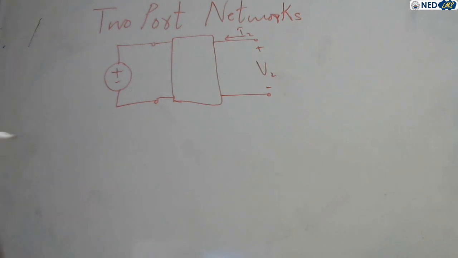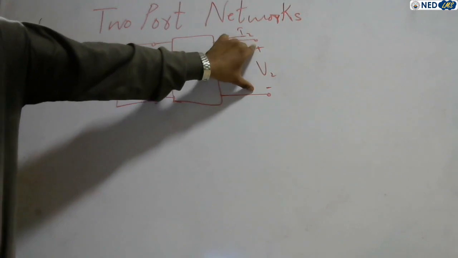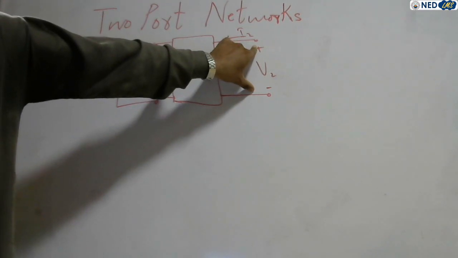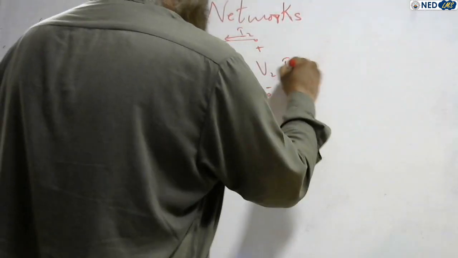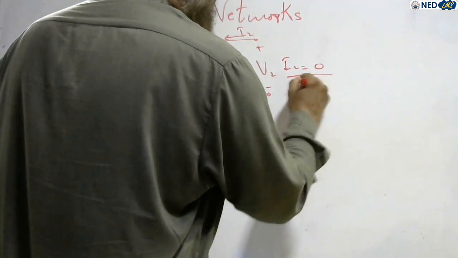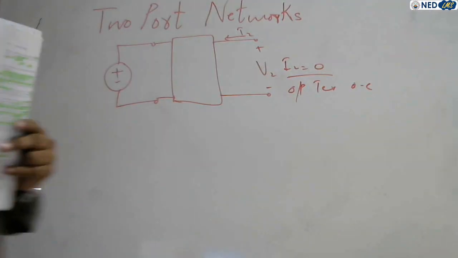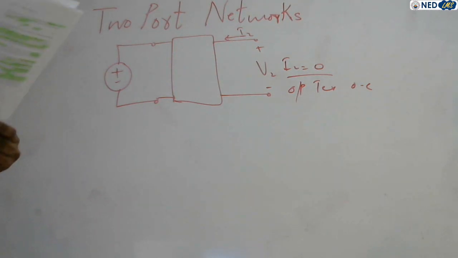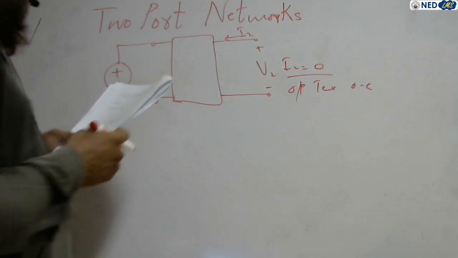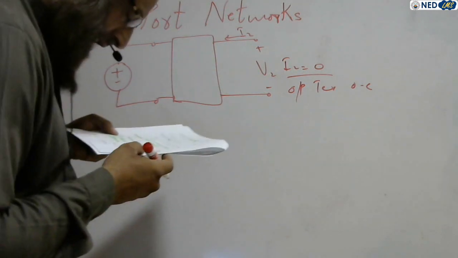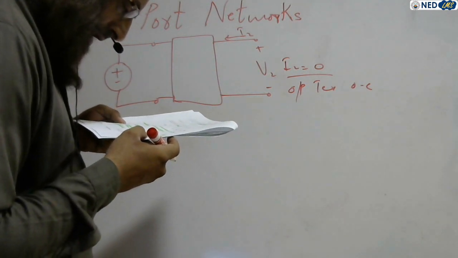The current is zero because impedance is infinite. In open circuit, current remains zero, voltage remains maximum. In open circuit, impedance becomes infinity, so the current is zero. So I2 equals zero, and the output terminals, that means the port 2 terminals, are open circuited. So when they are open circuited, what are Z12 and Z21?